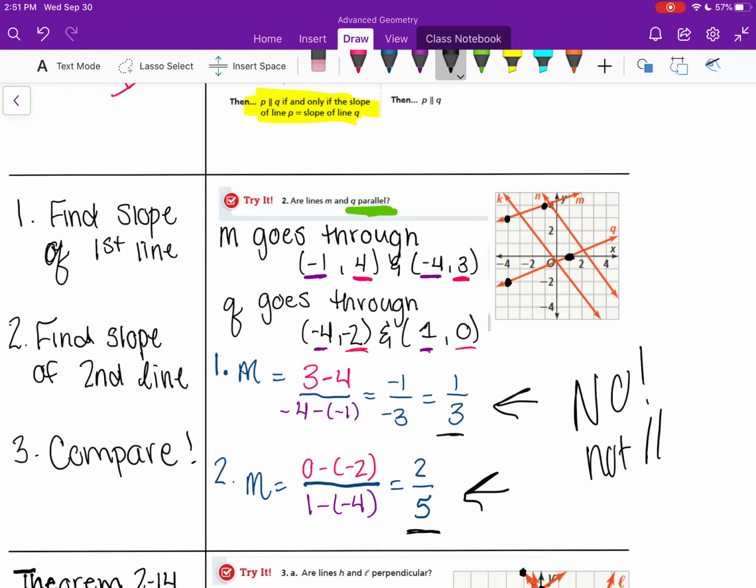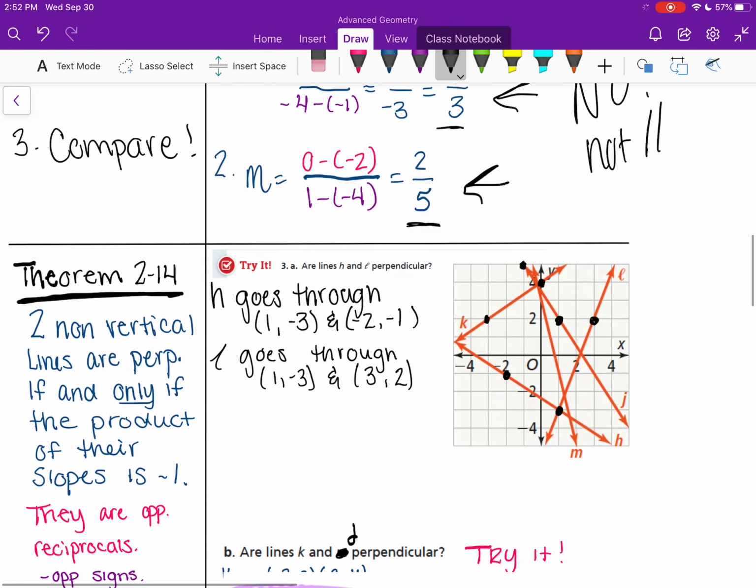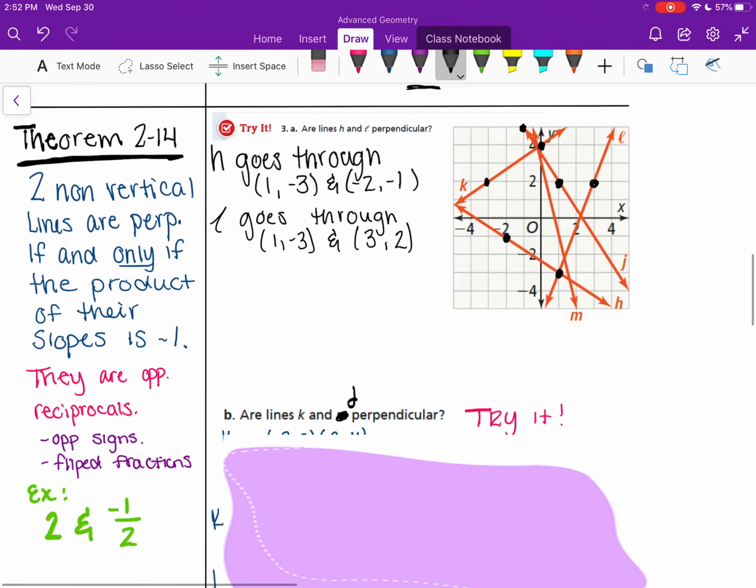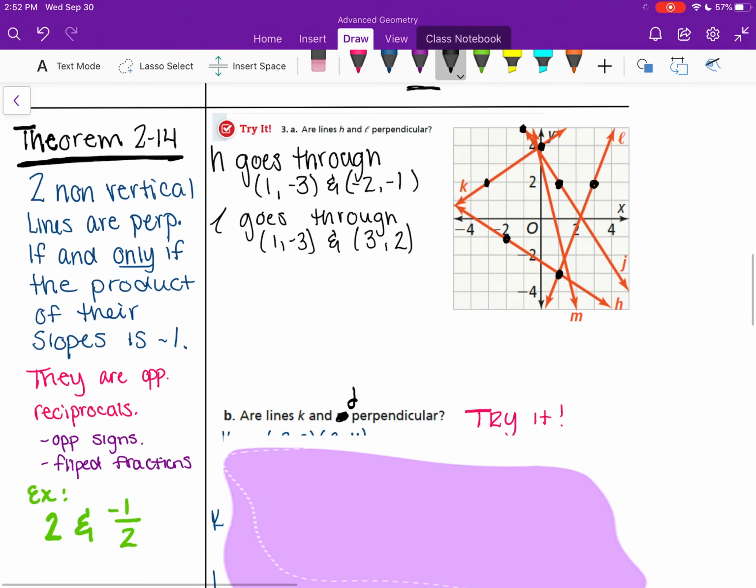All right. Let's move on to example 3, where we're going to start talking about perpendicular lines. In the space to the left, we're going to write theorem 2-14, which tells us that two non-vertical lines are perpendicular if and only if the product of their slopes is negative 1. You might have learned this in Algebra 1 with the words opposite reciprocal, which just means they have opposite signs.